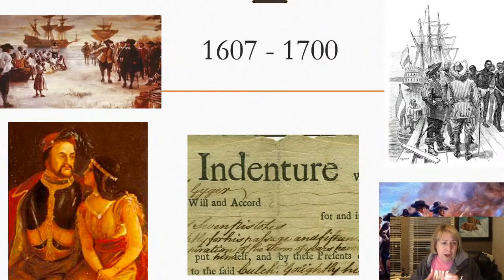The very first major battle is going to be in 1622, the massacre at Jamestown. They're going to go through a series of wars. They negotiate a peace and then they go to war again because the English want more land. They negotiate a peace and then go to war again because the English want even more land. And that's kind of the relationship between the colonists and later Americans with Native Americans.